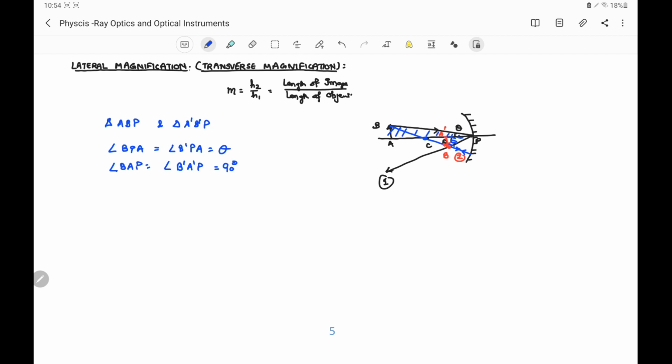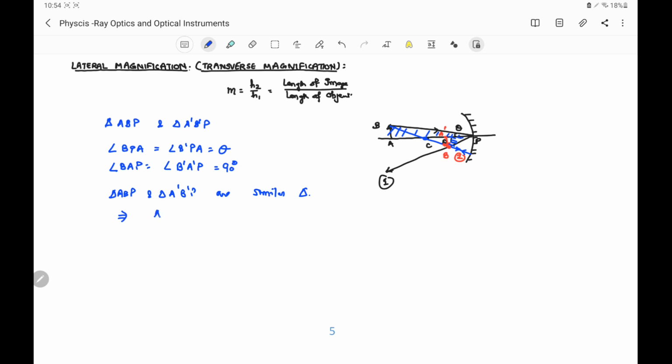Therefore, the third angle is equal, and in similar triangles all three angles are equal. Therefore, we can say triangle ABP and triangle A dash B dash P are similar triangles. This implies that the ratio of the corresponding sides will be equal.